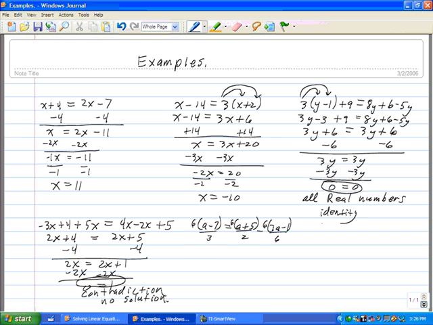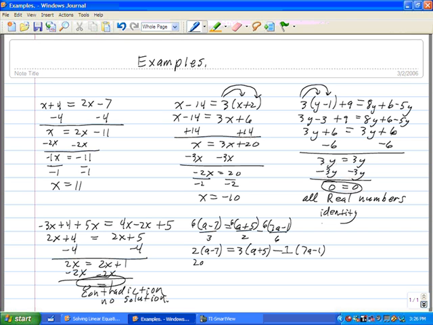6 over 3 is 2. 6 over 2 is 3. And 6 over 6 is 1. Now we can start distributing.